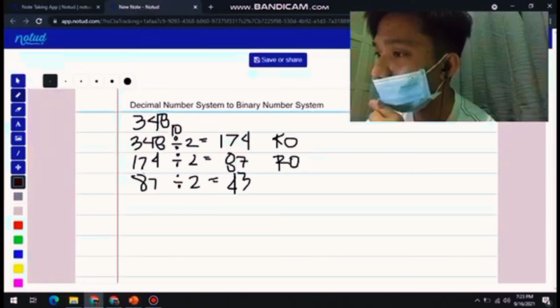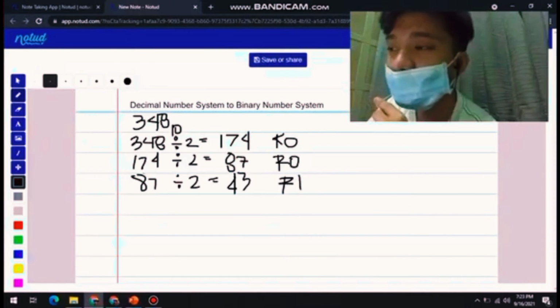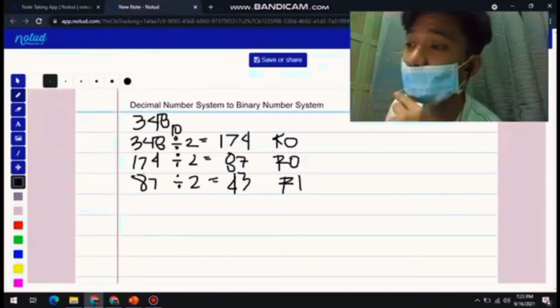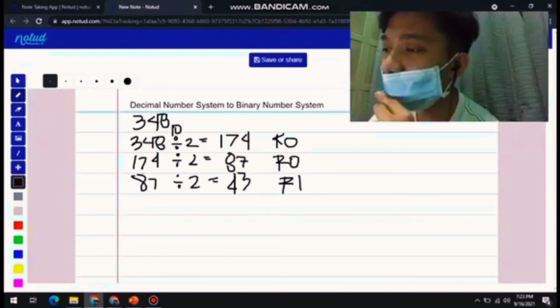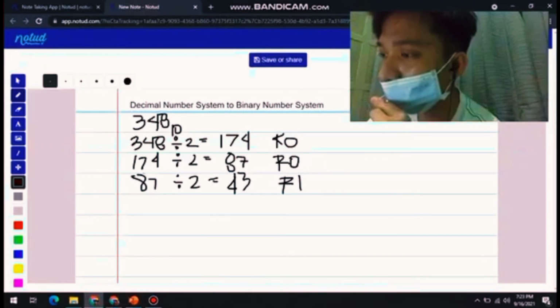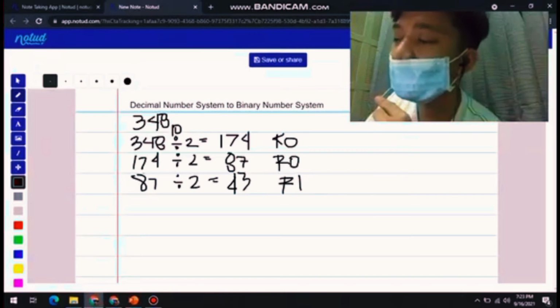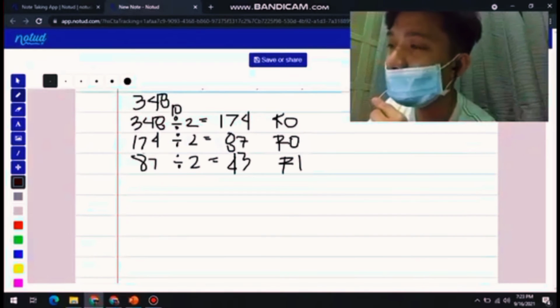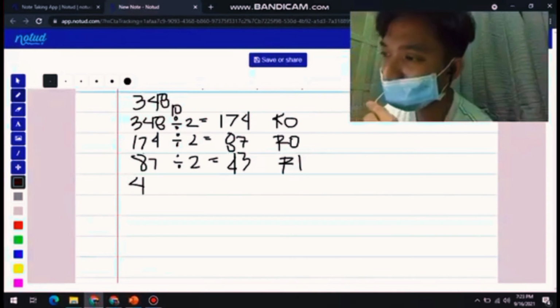It is 43.5, but it is the remainder. How did I get the remainder of 1? I multiply this 2 by the number after the decimal point. So 2 times 0.5 is equal to 1.